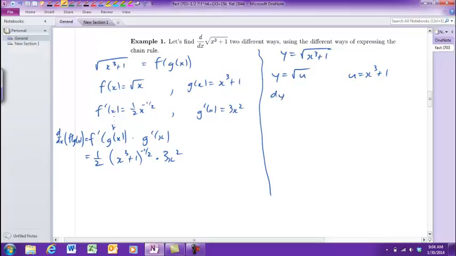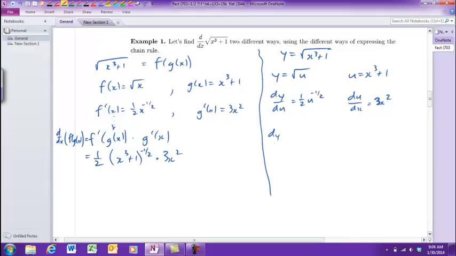So I can now take the derivative of this thing, dy du, that's 1/2 u to the negative 1/2 power, and I can take du over dx, and that's 3x squared. So the derivative of this is 3x squared, derivative of that is 1/2 u to the negative 1/2 power.